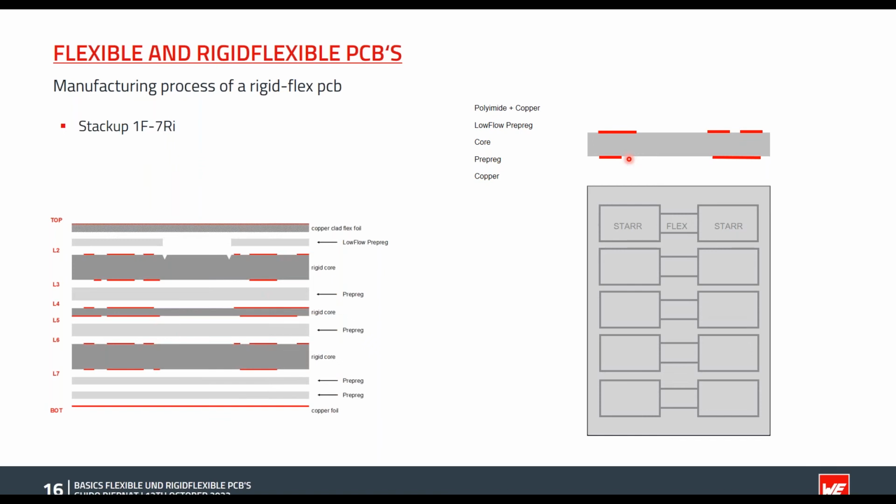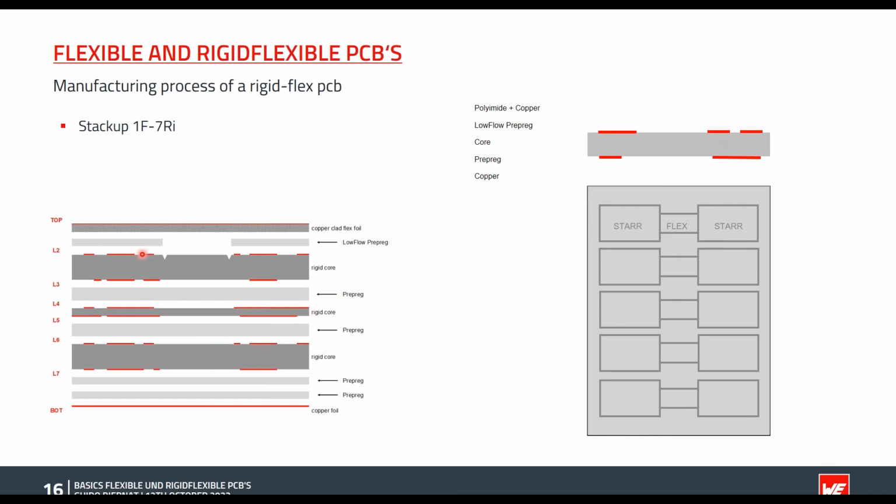Now we come to the special feature of the rigid-flex technology. Certain base and composite materials have to be mechanically processed. These processes are not needed for the production of rigid PCBs. The FR4 core of layer 2 and layer 3 is mechanically scored or grooved.